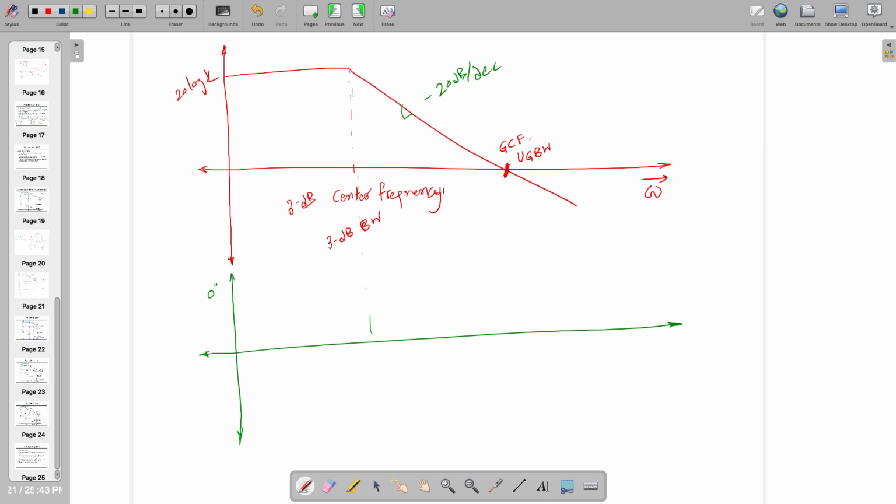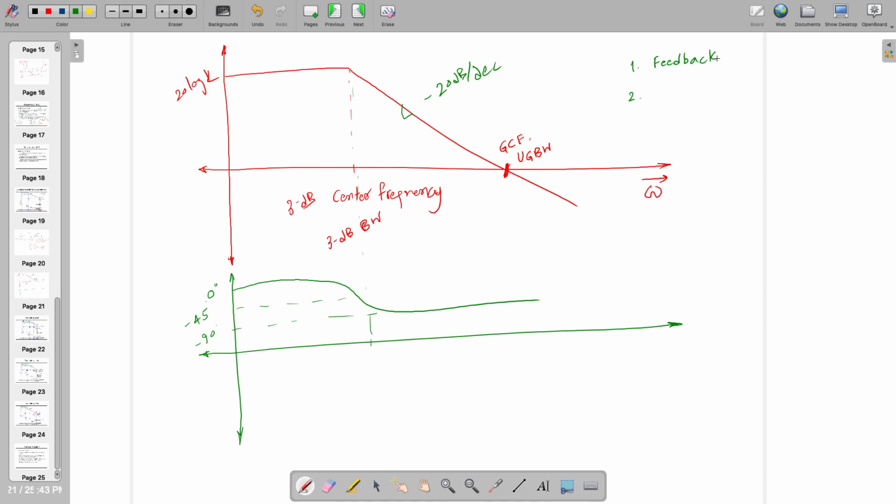So if this is the case, this is minus 45 degree and minus 90 degree. As I told you, we are only interested in the feedback, because an open loop system is not a stable one. Open loop systems are not stable.